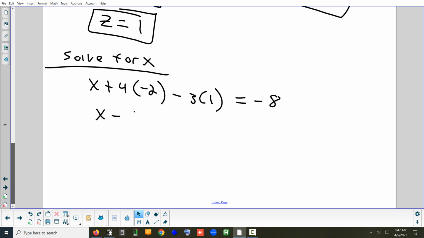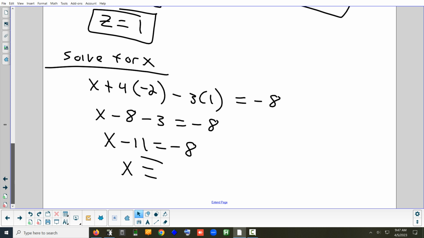So x minus 8 minus 3 equals negative 8. What's negative 8 minus 3? So negative 11, which means x equals how much? Yeah, 3.